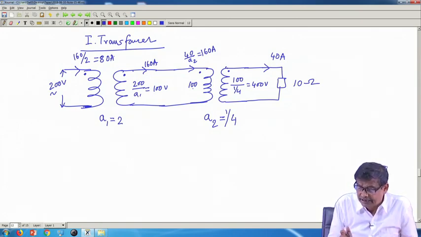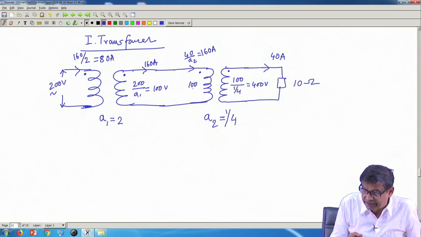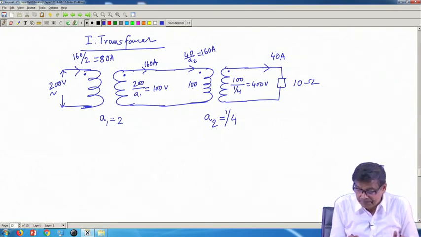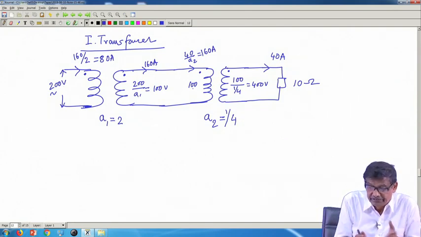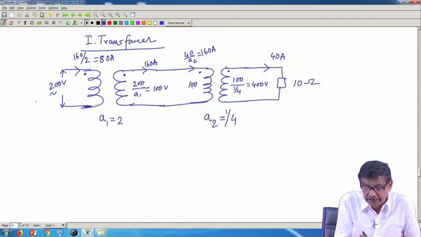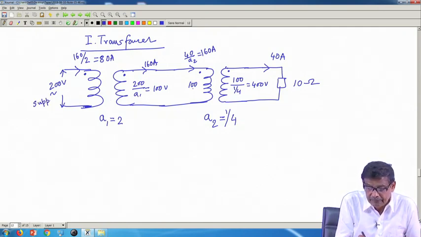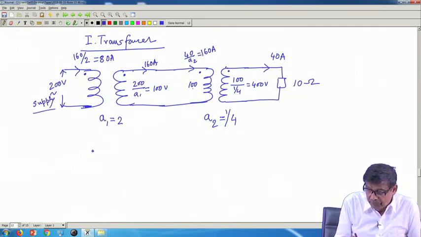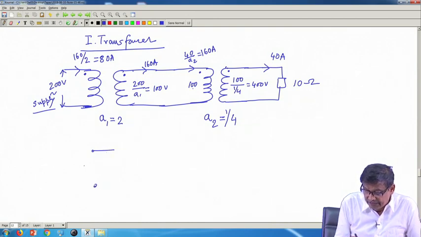Now, what I am telling is the equivalent circuit of this whole system with respect to the source, since this is the only source supply. This is 200 volt.